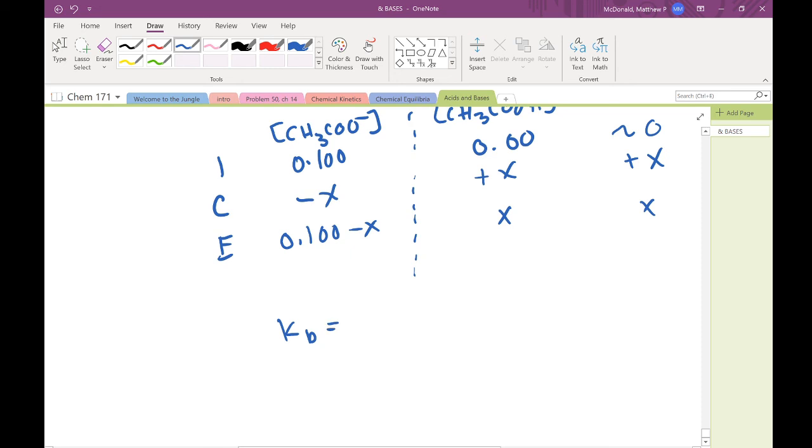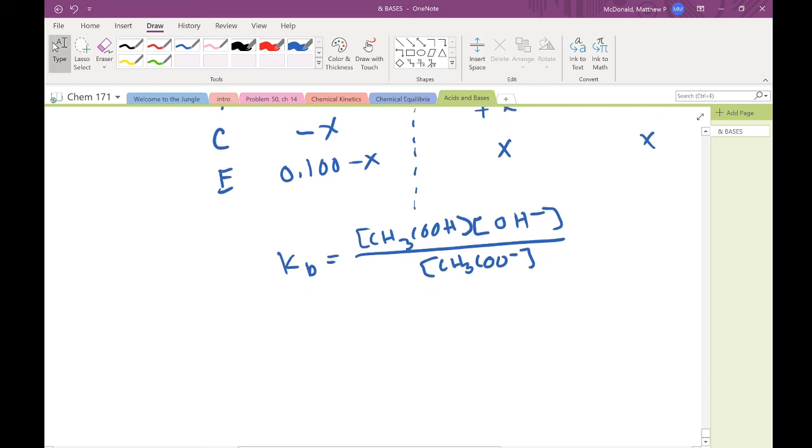We can find Kb by setting CH3COOH multiplied by OH minus, divided by CH3COO minus. Okay, this is equal to X squared at equilibrium divided by 0.100 minus X. We're going to assume that X is small, and this is a great assumption because Kb is so tiny, times 10 to the minus 10.